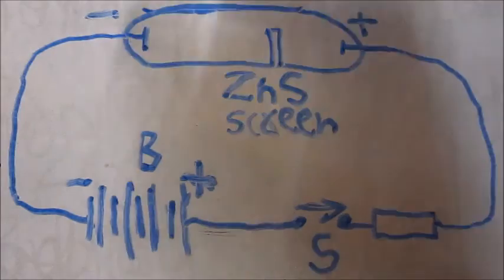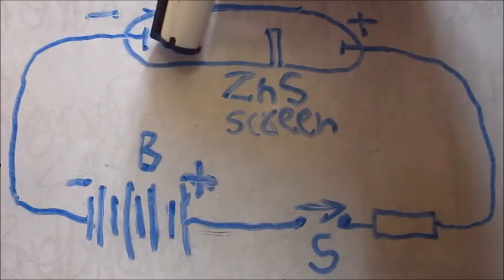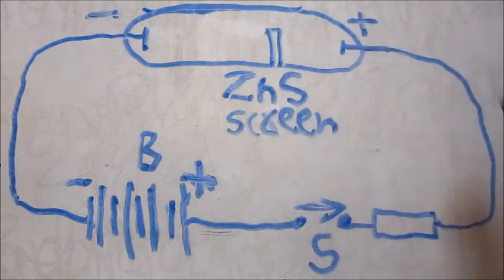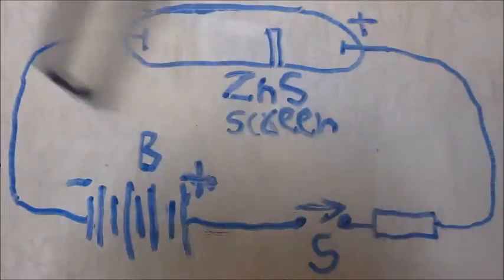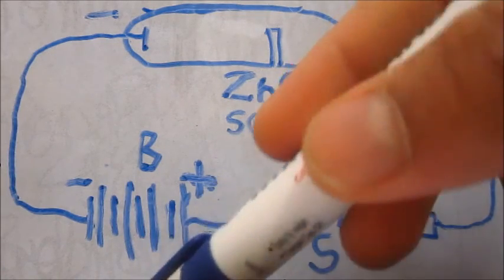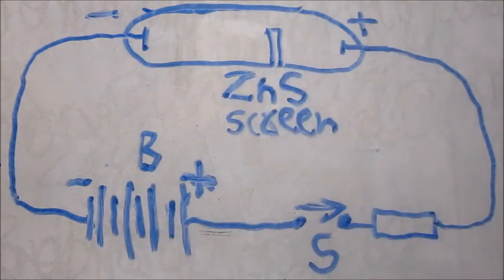So this is the negative terminal which is connected inside the discharge tube, and this is the positive terminal. Now, as you can see, it is not complete as they are not both connected. So when the pressure of the gas is at 0.01 mm and the voltage of the battery is about, I think, 10,000 volts, then something amazing happens.